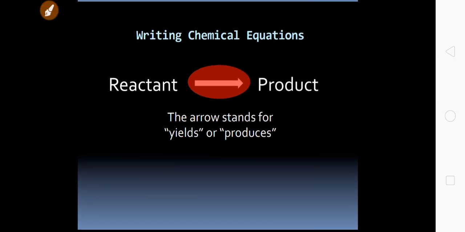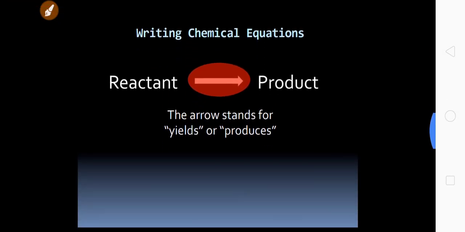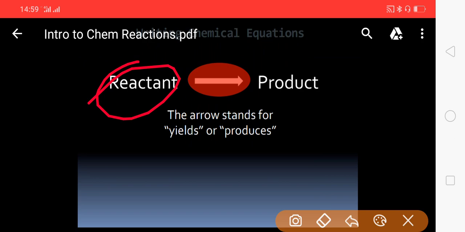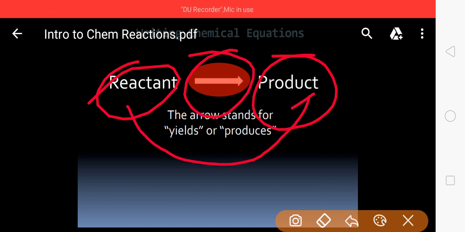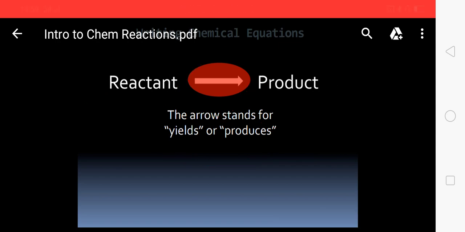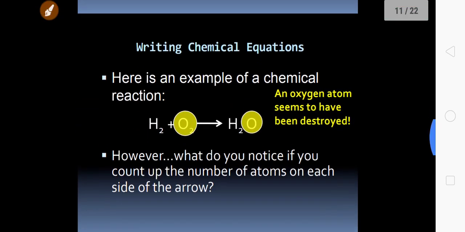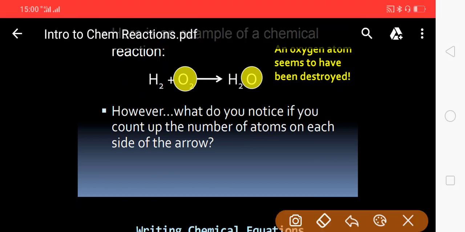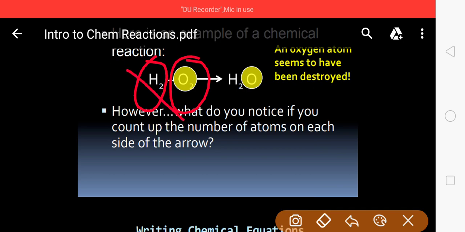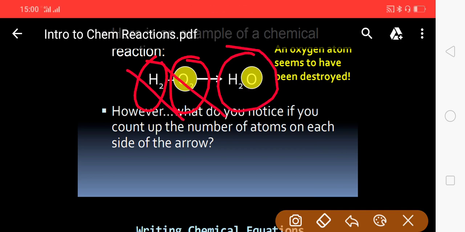Reactants are the starting materials, products are the end materials, and the arrow shows that reactants are turning into products. We also saw an example where hydrogen and oxygen mix to give hydrogen oxide, which is nothing but water.